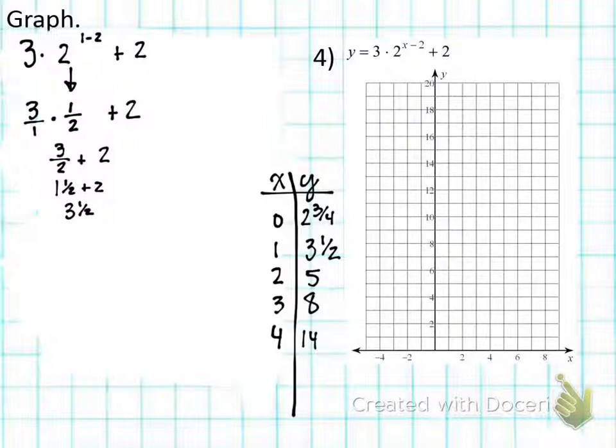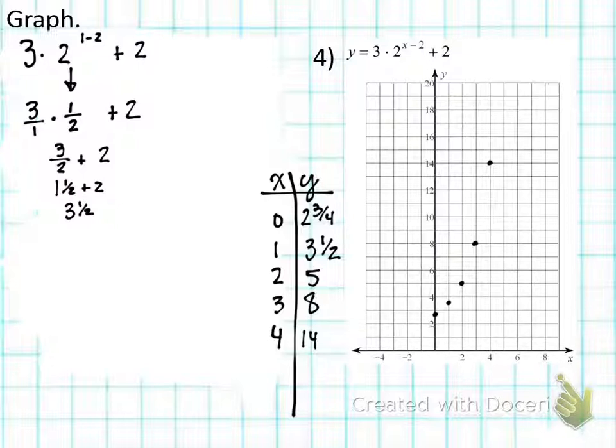All right, now we're going to plot these points at 0, 2 3/4. Okay, then we got 1, 3 and a half. Then we got 2, 5. Then we got 3, 8. And then we got 4, 14. Okay.